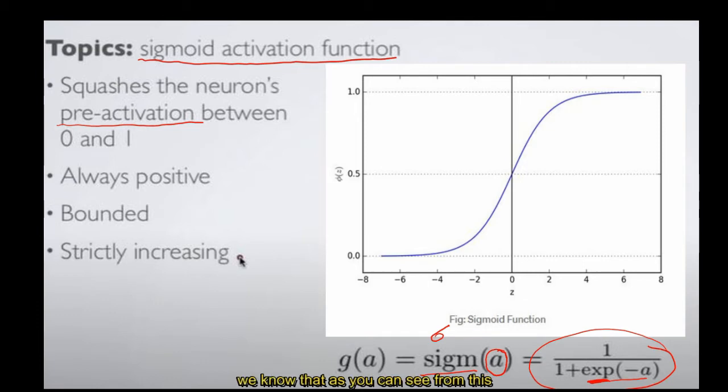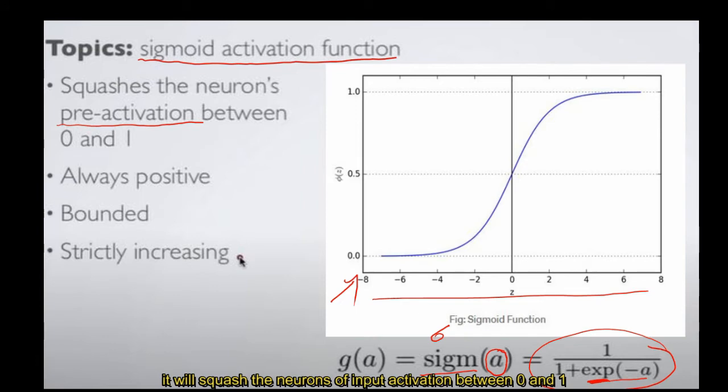As you can see from this graph, when we draw this function, it squashes the input activation between 0 and 1. What does that mean? All output values are between 0 and 1.